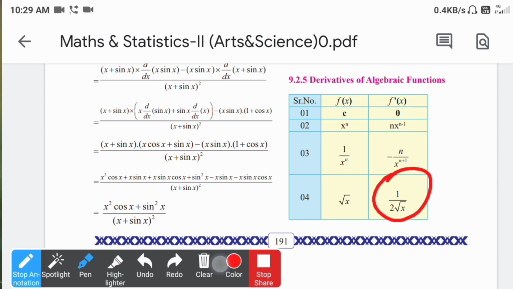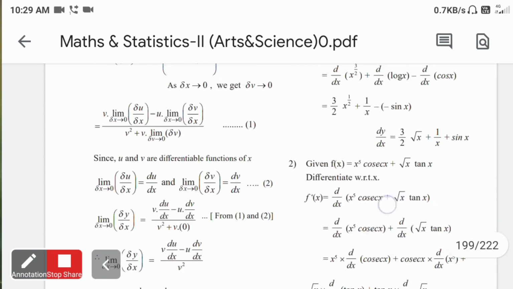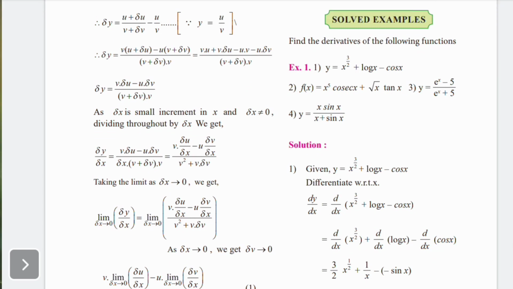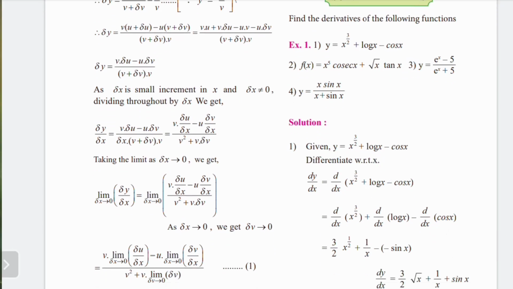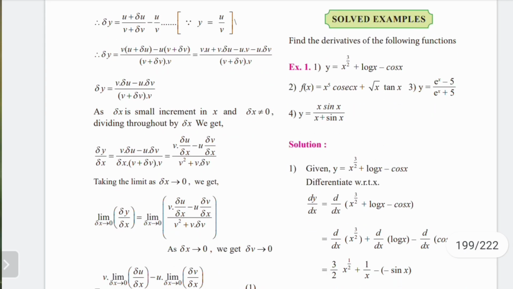Those are some simple formulas that we will use for simplification of our simple derivatives. Next, we need to use these formulas for solving various derivatives.